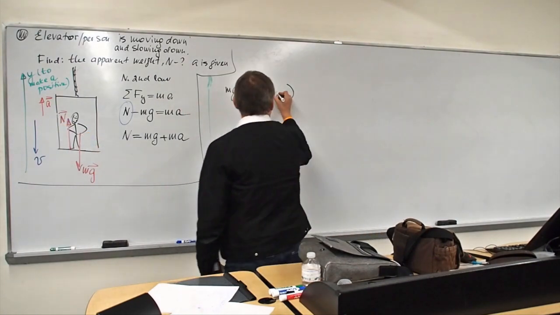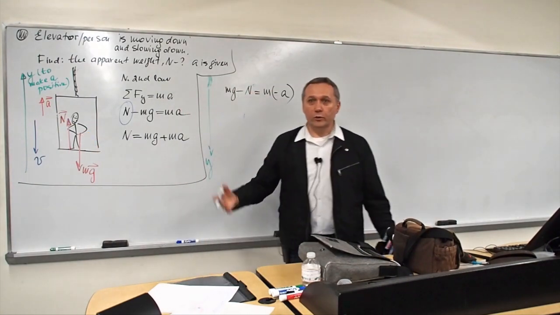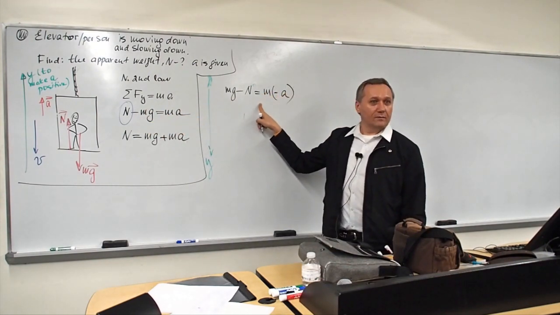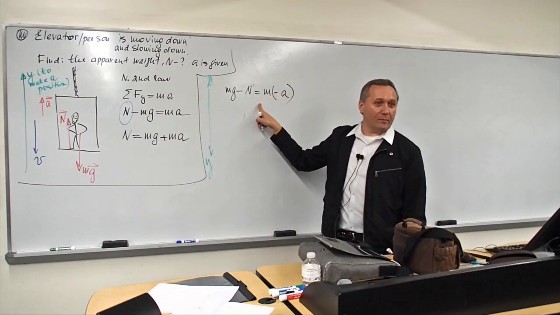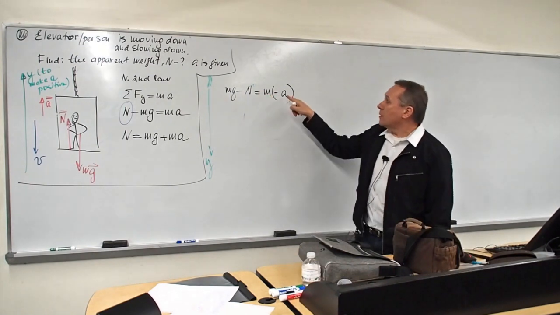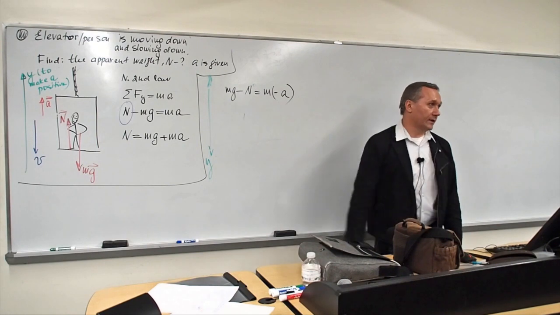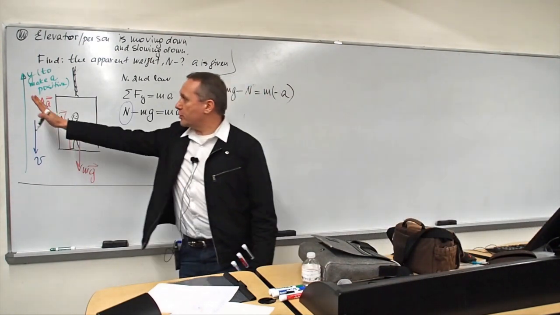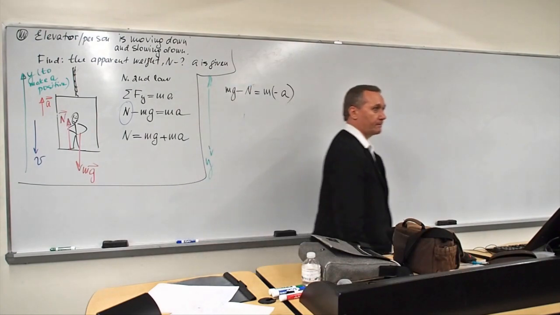So in this case, we would have to write minus a. So what's the difference between this equation and the previous equation? It's just like multiplying by minus 1. So it will still be a correct equation, but most of the time students forget about this minus. That's why I usually recommend to use this coordinate system.